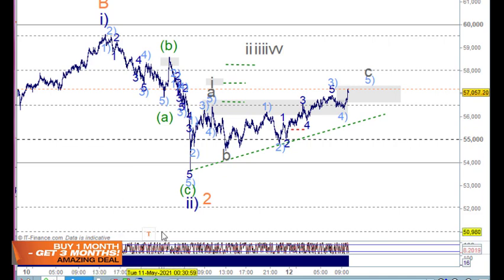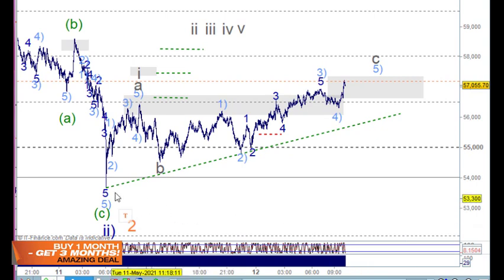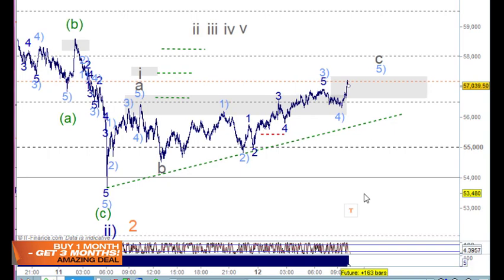The other point here is that the market can still fail from here, because if we consider this here being the A wave here, the B wave here, then 1 and 2 and 3 and 4 and going up for 5 here, up in this leg here, then this is where it can fail from here and move down from that point. So we're not really out of the woods yet on the long side.